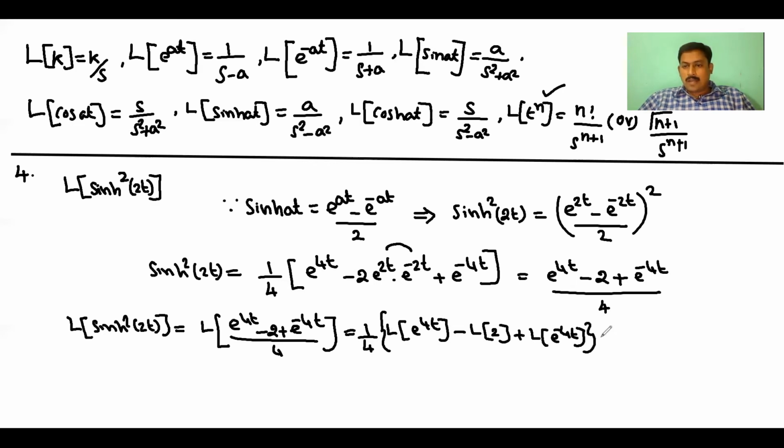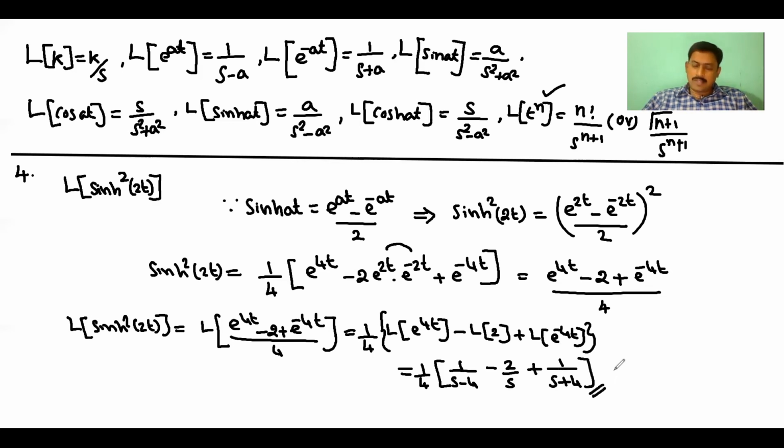We know the formulas, so we can directly apply them: 1 by 4 into L of e power at form 1 by s minus 4, L of k is k by s, so 2 by s, and L of e power minus at is 1 by s plus a, that is s plus 4. So this is your required answer. If you want, you take LCM.